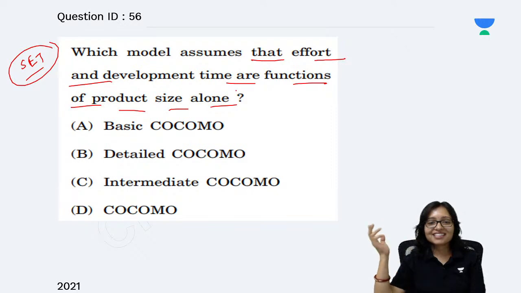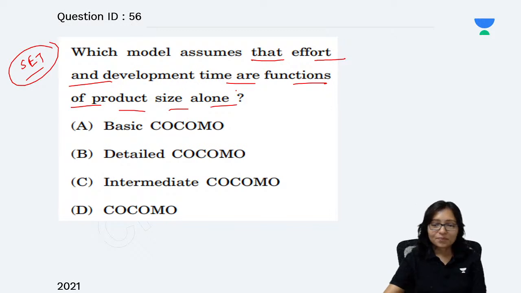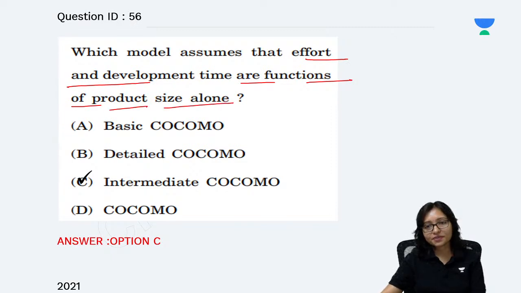Yes, so many answers are wrong here also. So do this one. Yes, here what will be the answer? Model assumes that effort and development time are functions of product size alone. Basic COCOMO, detailed COCOMO, intermediate COCOMO.